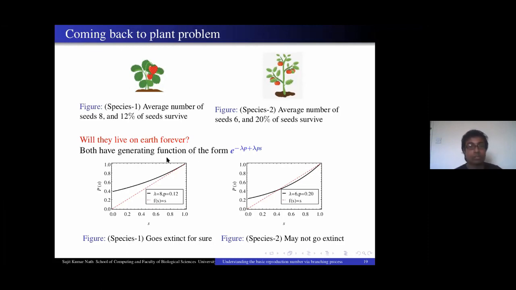the generating function of first generation progenies is given by this function, right? So this is the generating function of the number of offsprings produced by a single plant. This is the P(s) from the previous slide.